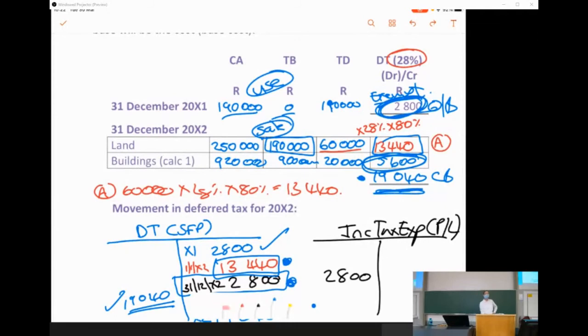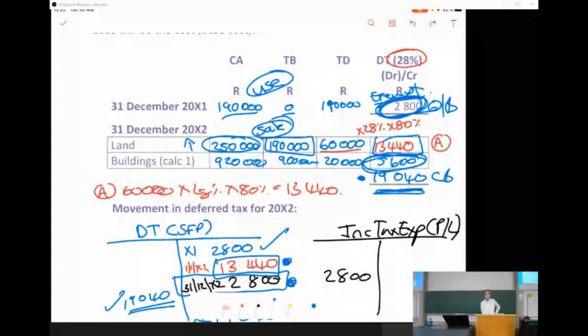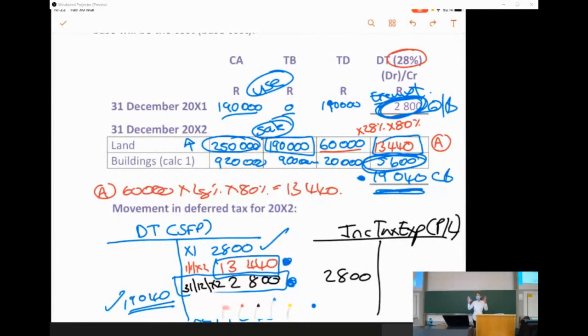If we revalue again, then obviously this amount is going to go up, and my deferred tax balance in the SFP is going to grow. But when I do my journal for that revaluation, with the amount that this carrying amount is going to go up with that little piece of the revaluation, the tax on that is going to be a journal, and that's going to increase that 13,440 to the higher amount.